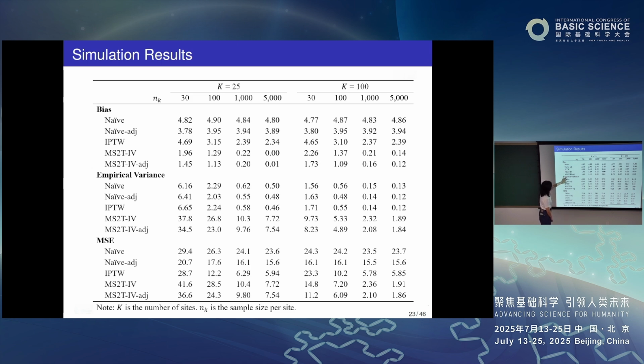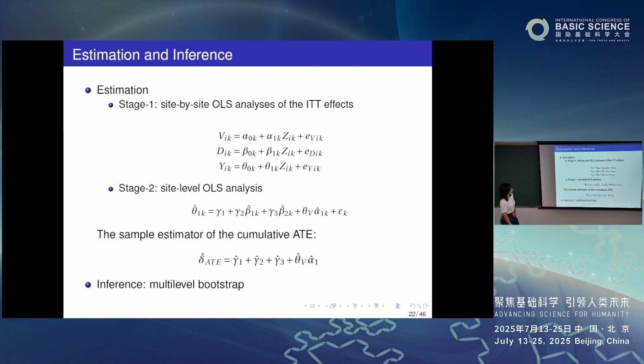In terms of efficiency, this is the part where our method doesn't do a good job. Our method has larger variance compared to the other three. Why is it the case? If you think about the second stage analysis, it's conducted at the site level.